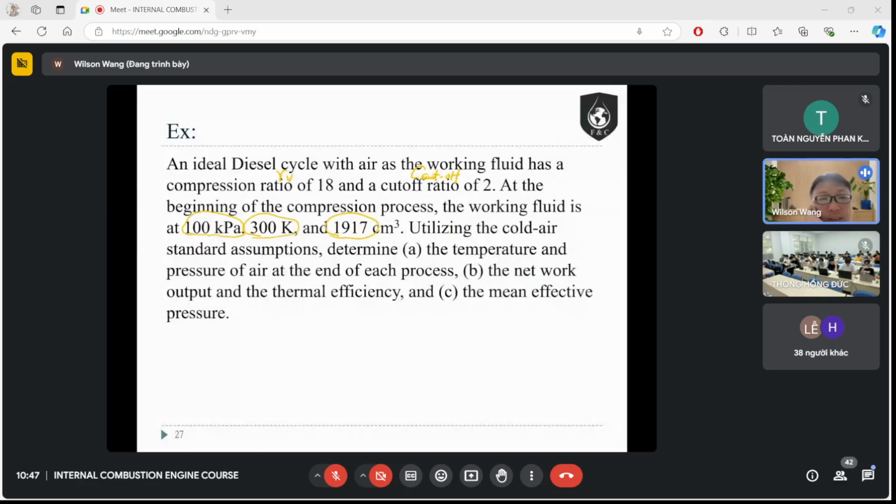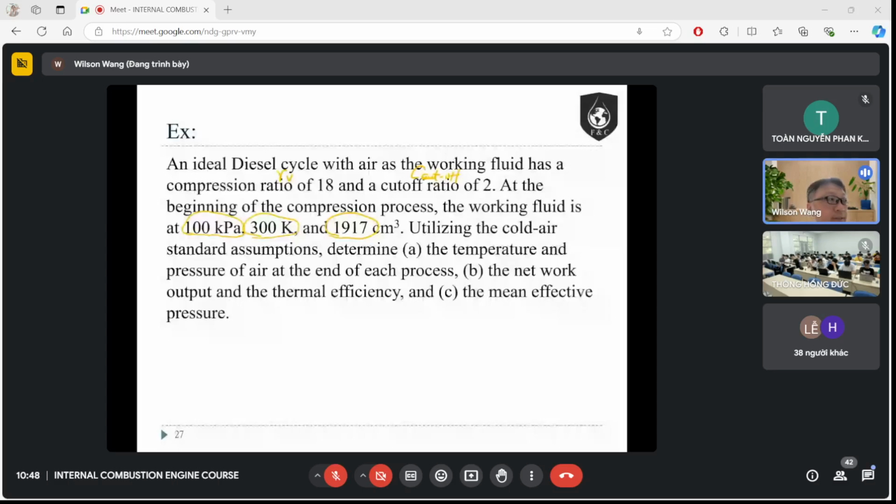Utilizing the cold air standard assumptions, determine the temperature and pressure of the air at the end of each process, the net work output, and the thermal efficiency. Once you have the net work output, you have the heat input, so you can find the thermal efficiency and the mean effective pressure.